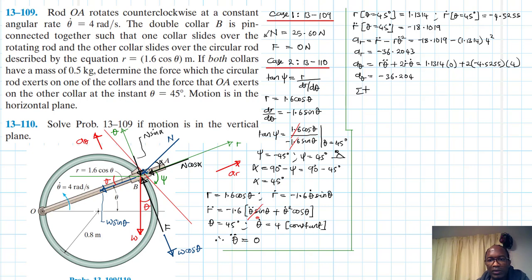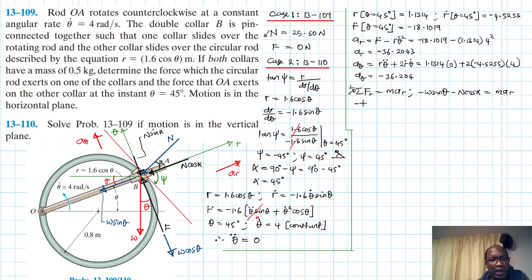Then we have the summation of forces in this equation of motion equal to m a_r, in that direction being our positive reference. What do we have? In that direction we have weight, minus W sine theta, then minus N cos alpha, equal to m a_r.